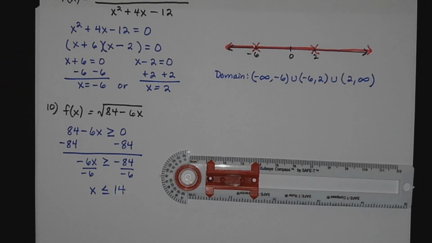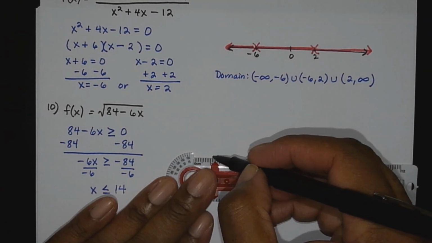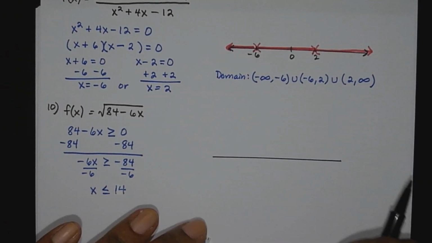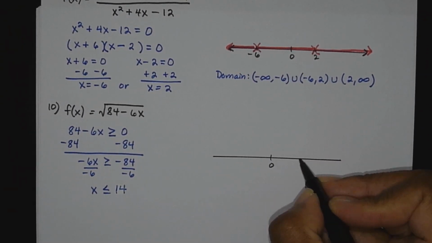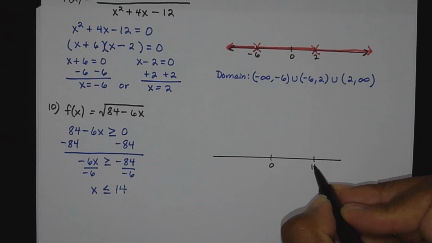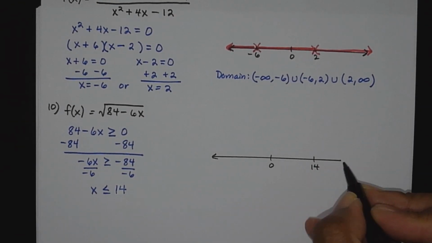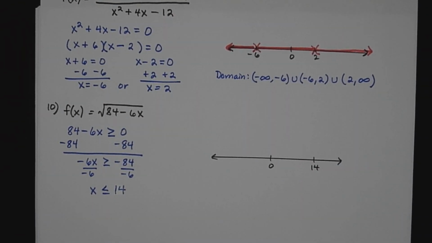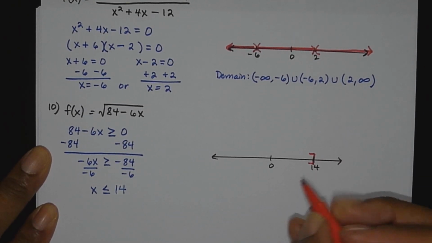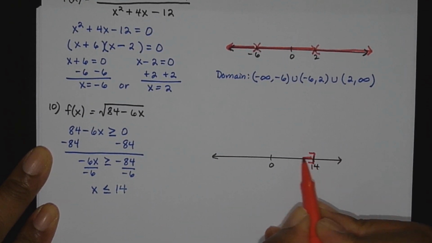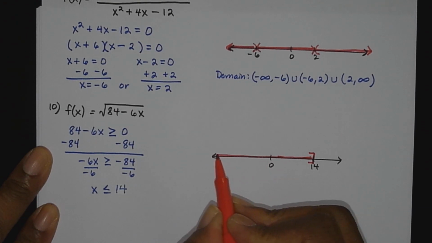Okay. And again, you'll be required to give your domain using interval notation. Let's see, 0, 14 is going somewhere over here. Now, do we use a bracket or parentheses? Bracket, because it does include 14. And any x value less than 14 would work.